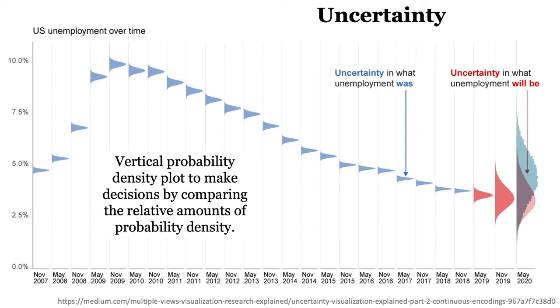So we can say, okay, in case the government takes this action, let's say, for example, giving tax breaks to employers, so that if they hire more employees, then our projections may change.